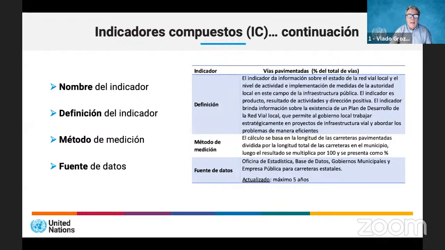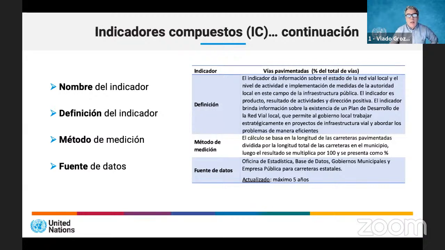We have to explain the method of measurement. Is the calculation based on length of the roads divided by total length of the roads in the municipality, for example, and as a result given as a percentage or sometimes in kilometers.